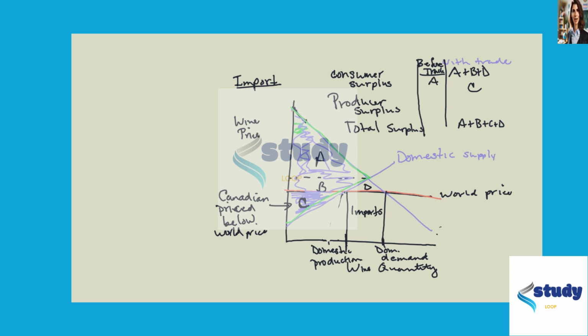Our producer surplus will be B and C. Total surplus A plus B plus C. So you can see with trade, we have additional surplus in this region right here in the center. It's the small triangle D. Here is our graph in our table that takes care of part A.